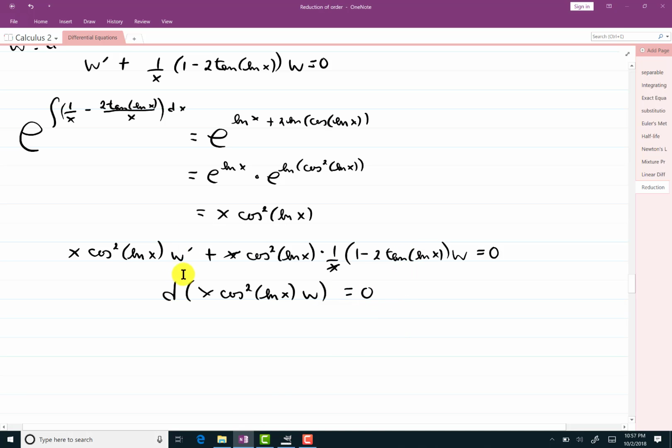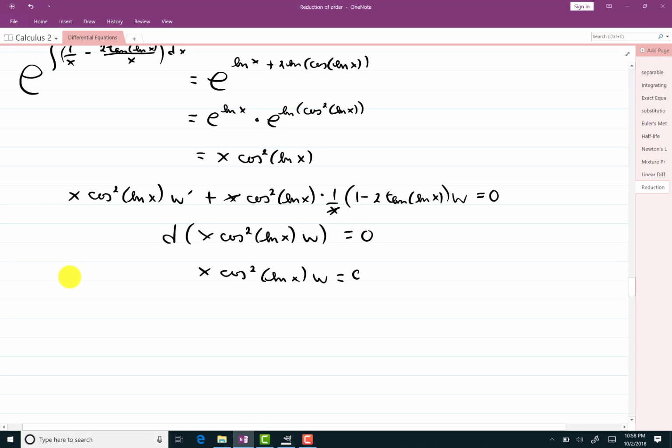Of course, this means that x cosine squared of ln of x times w equals some sort of a constant. Well, we're just finding an answer, a y2. So none of these constants matter, but they'll help out as I do this one part of it.